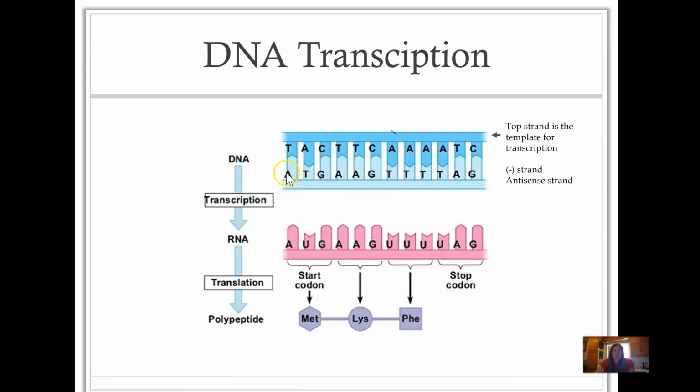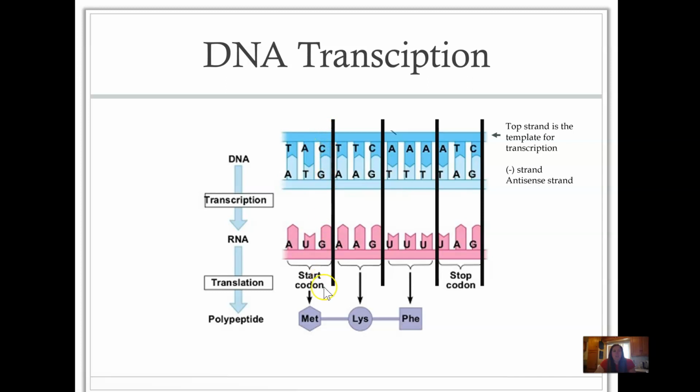You can see that they're complementary because T is complementary to A, which is complementary to U, C is complementary to G, and so on, right? In order to read this code, we need to separate them into codons.